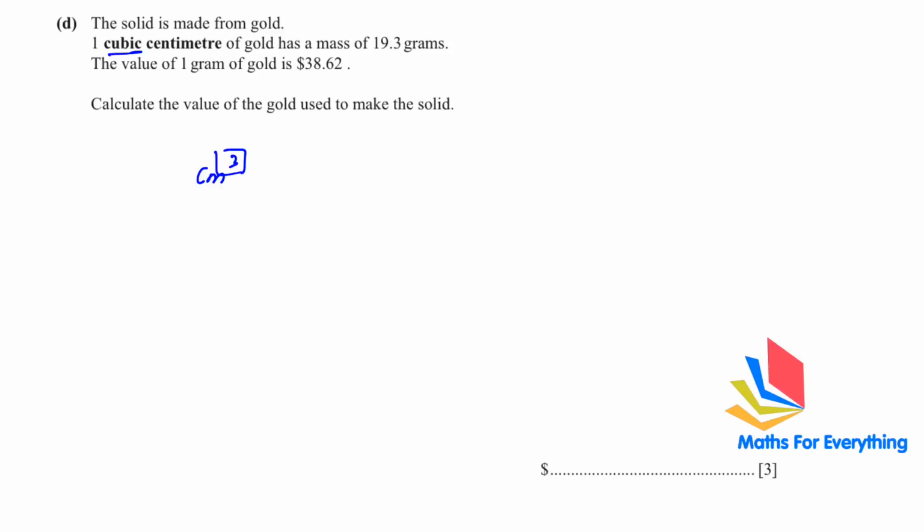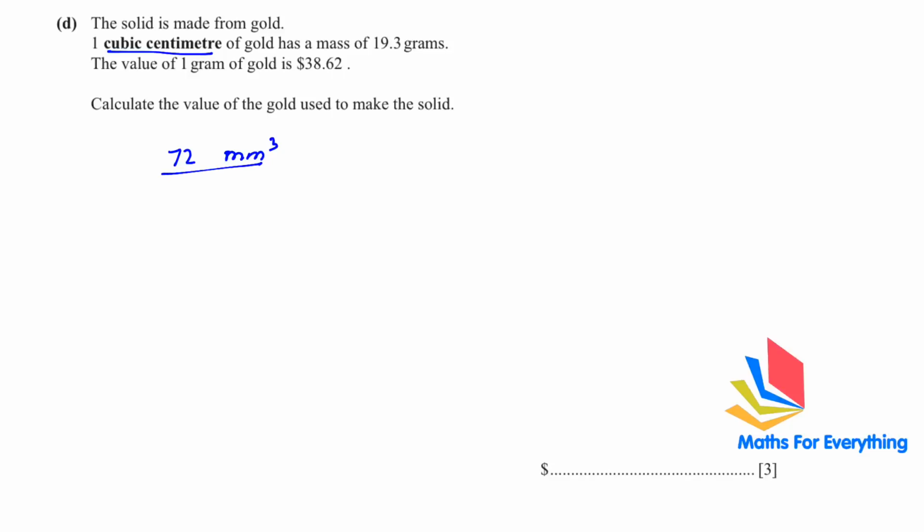So this tells us that we are talking about volume. That's the first thing. We already found the volume of the solid, which is 72 cubic millimeter. But we want cubic centimeter, so we have to convert this into cubic centimeter.